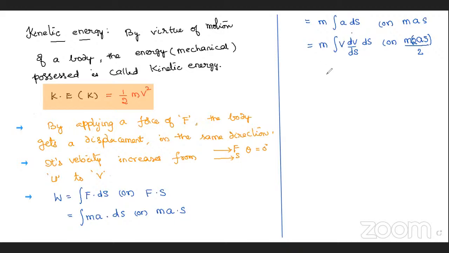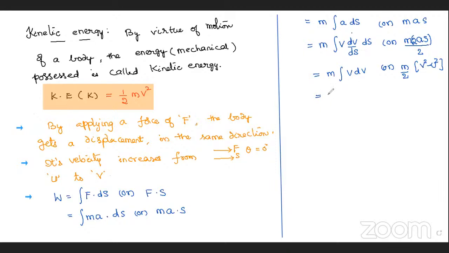Any equation? Yes, sir, I am getting some idea there. After cancelling ds here, you are saying that m by 2 into 2AS, yes, V square minus U square.